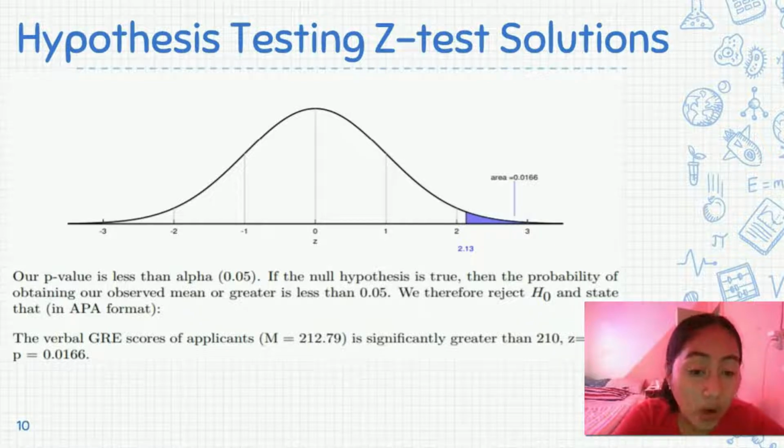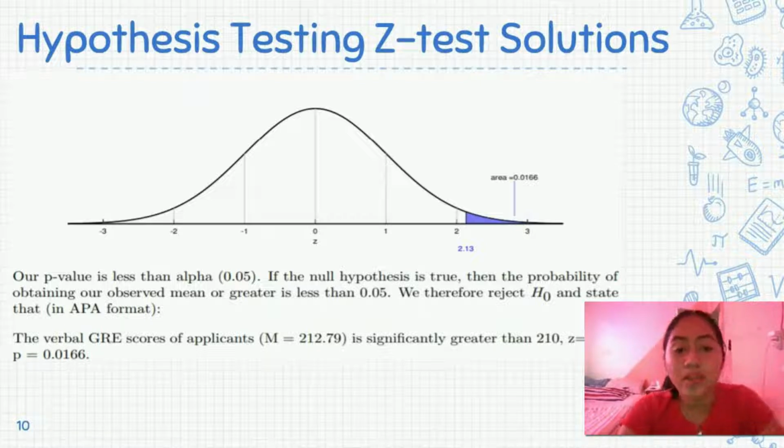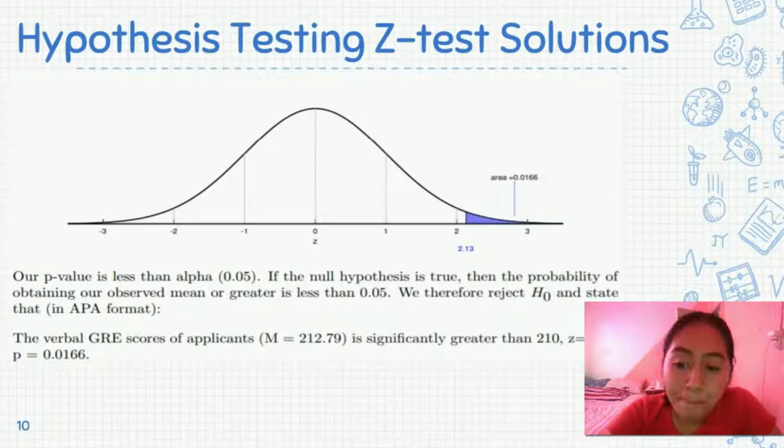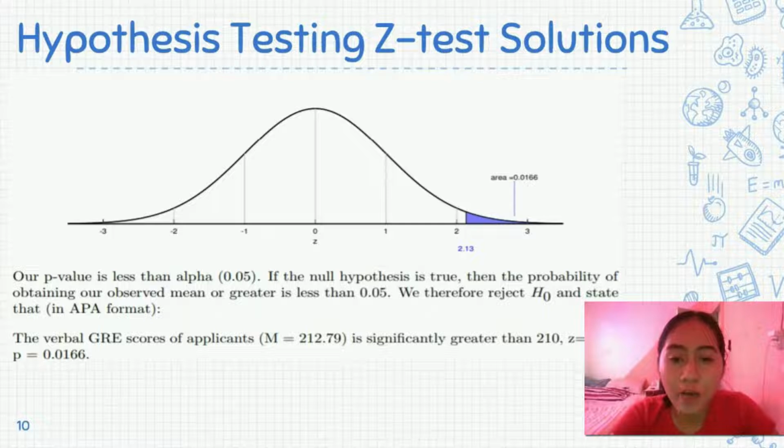So we therefore reject H0 and state that the verbal GRE scores of applicants, M equals 212.79, is significantly greater than 210, with z equal to 2.13 and p equals 0.0166. So that is our answer in our hypothesis testing using the z-test problem.